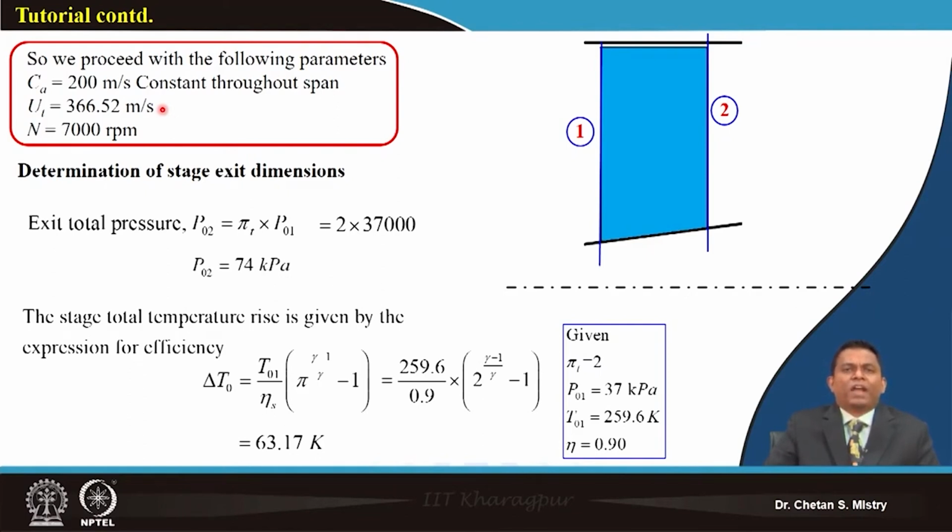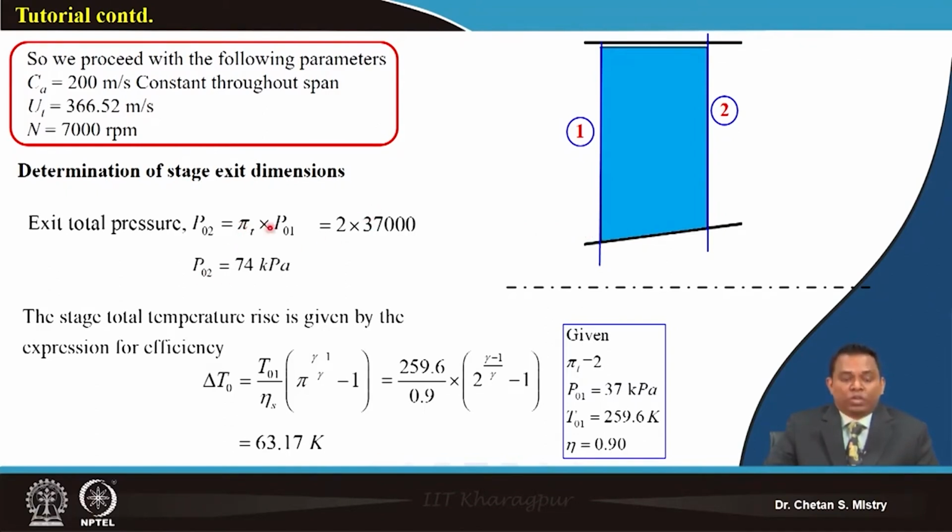Now this is a fan that needs to be designed. So if we consider this as my entry condition, we can call that station 1, and this is my exit condition, we can call that station 2. Now in order to calculate my exit dimensions, we know our pressure ratio.